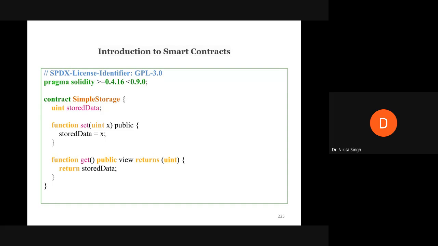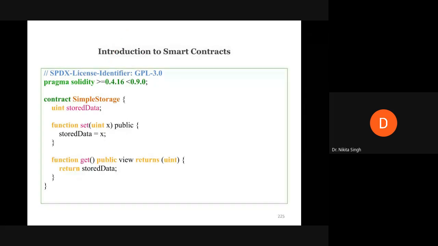And your contract in the sense of Solidity is always a collection of functions and state. You have functions here and you have state variables. So you're employing these functions to change the state of the variable. Okay.